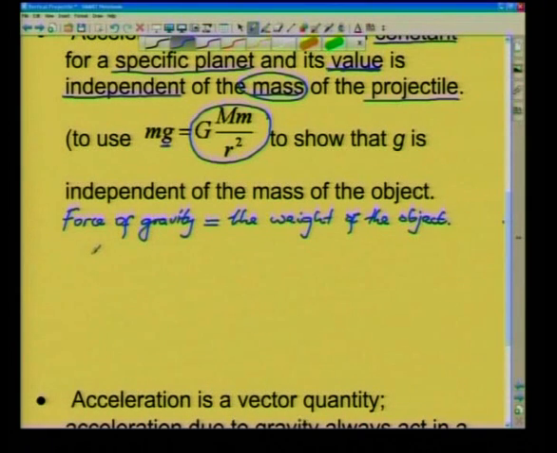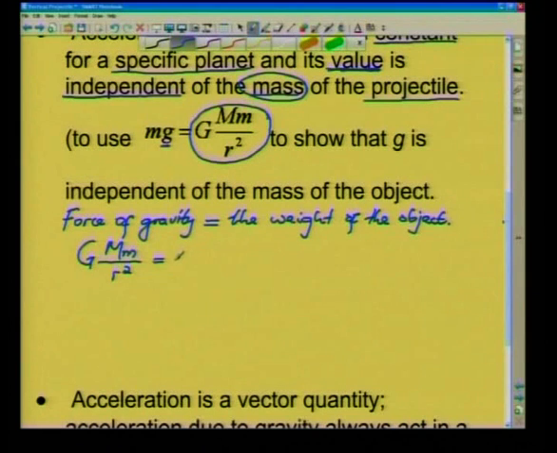It is G, capital letter M for the Earth in this case, if we're looking at planet Earth, small letter m for the object, divided by r squared.